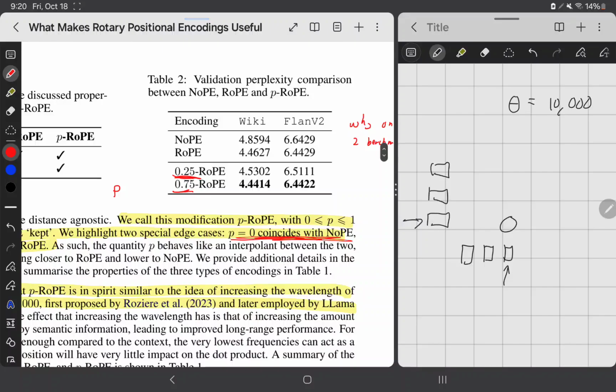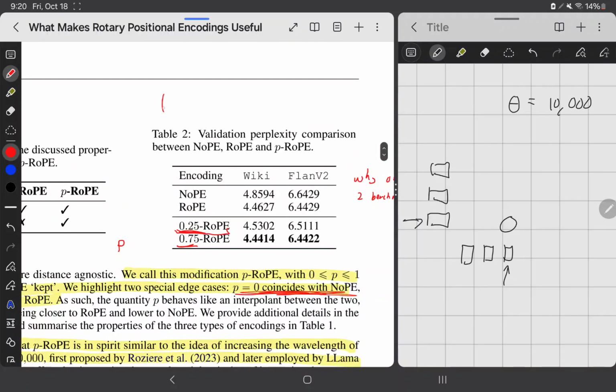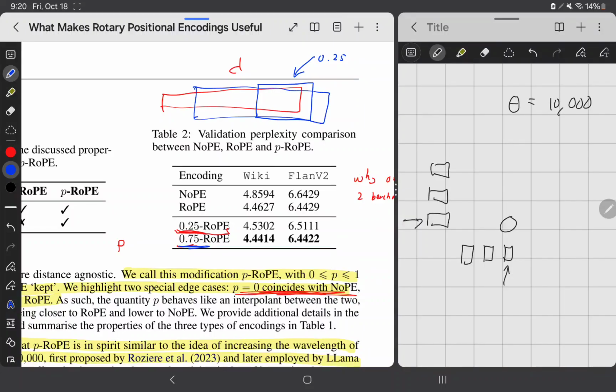They define p-RoPE here, and this is basically 25% of the frequencies being kept. So we have our d-dimensional vector. Basically, the high frequencies, the top 25% of the frequencies, will be kept, while these will all become 0 for our rotation. And for this, it'll be 75%, so you keep more.